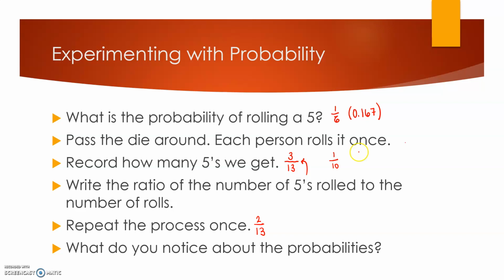We had, I think, 5 out of 12, including me. So you can see that if we pass a die around and each roll it, we're going to get very different numbers. We're not going to get 1 out of 6 perfectly each time. So what do you notice about the probabilities? They're going to be different, usually. And it's not always going to equal this 1 out of 6.